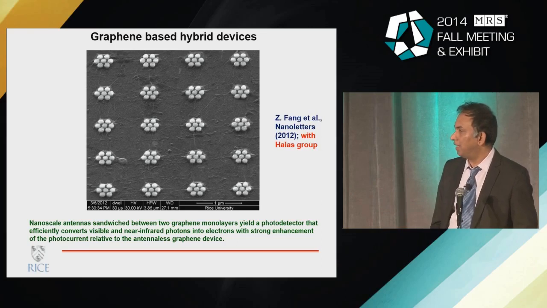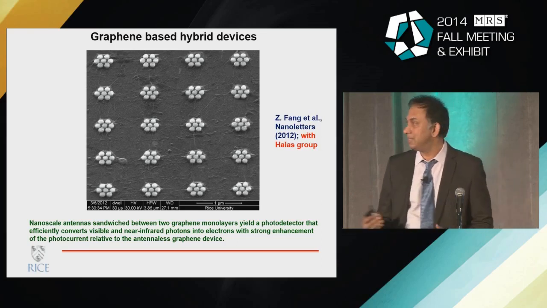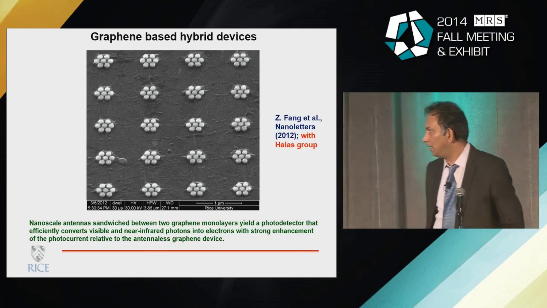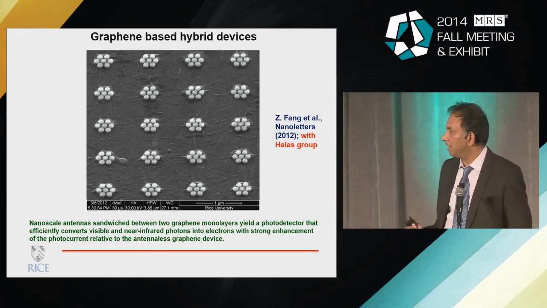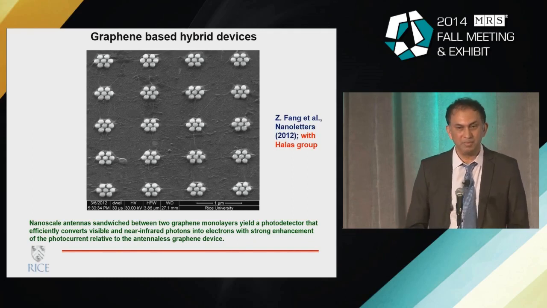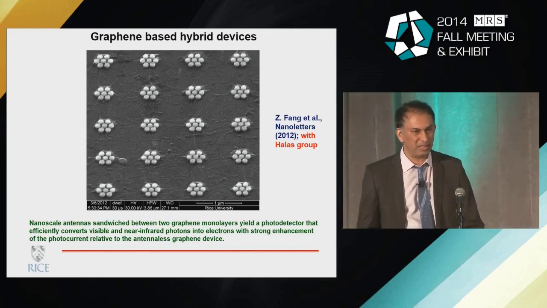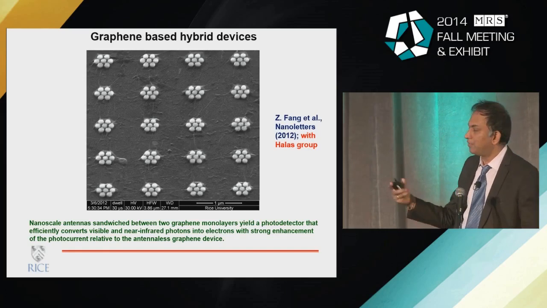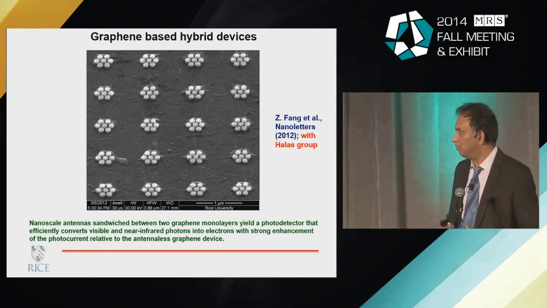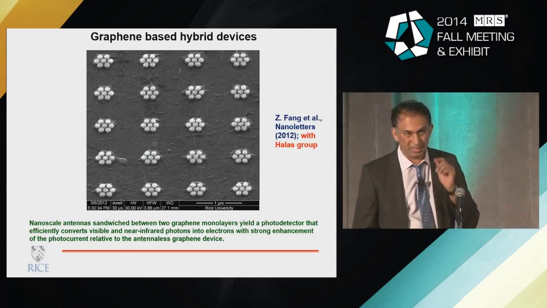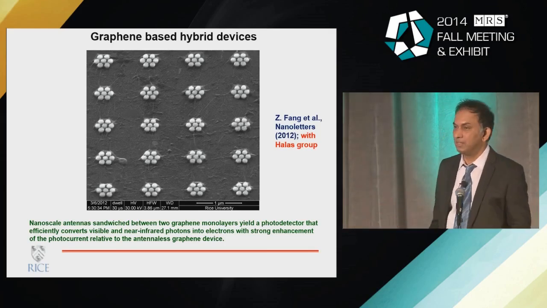And these would behave in combination as a very good photodetector because the hot electrons that can be transferred through these antennas, they can easily be transported at high speed on graphene because of the high mobility of electrons. So these kind of combinations of dimensionalities or structures at both 2 dimension as well as 0, 1 dimension can provide you some interesting devices.